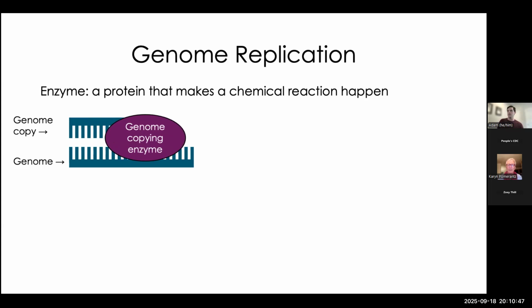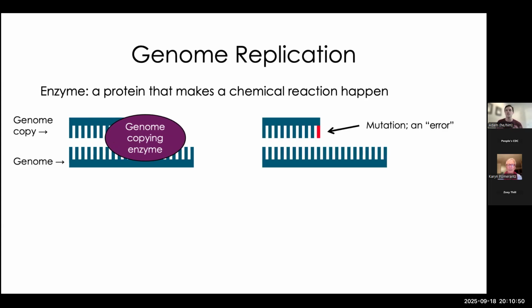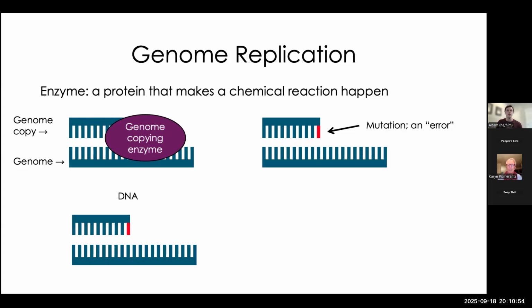Now, sometimes errors happen, and this is when mutations come up. When you're dealing with DNA, if there is an error when DNA is being replicated, there is a proofreading mechanism built into these organisms. And so a proofreading enzyme can come by, sees that there's an error, and fixes it, and then the replication continues.